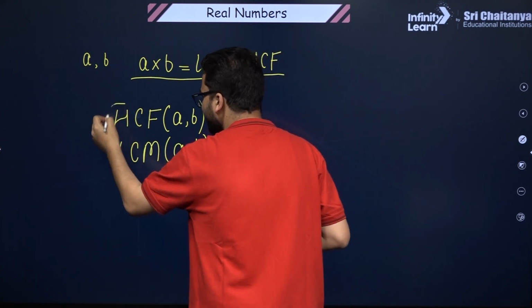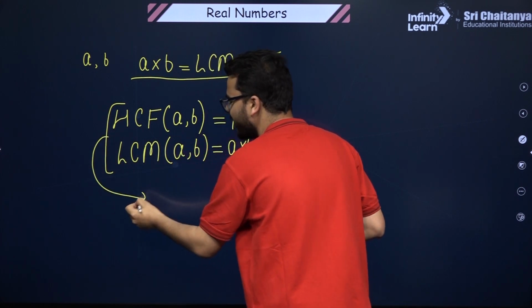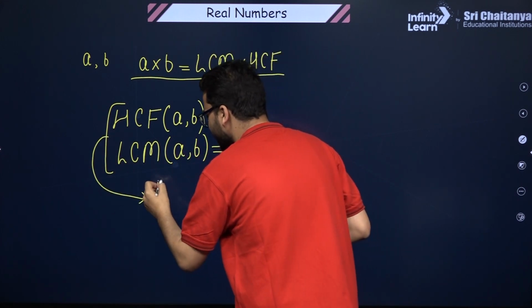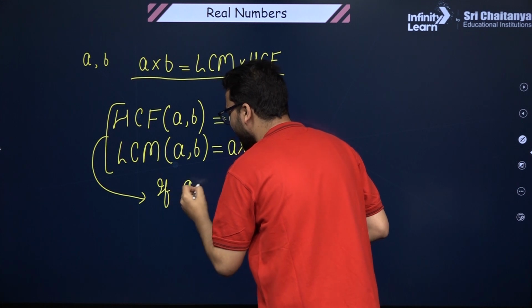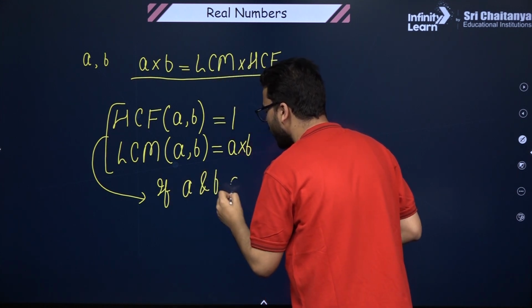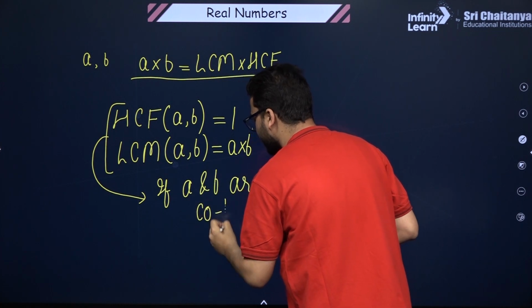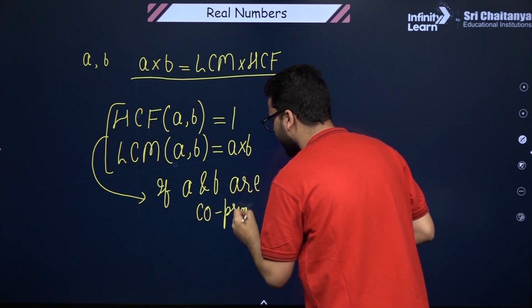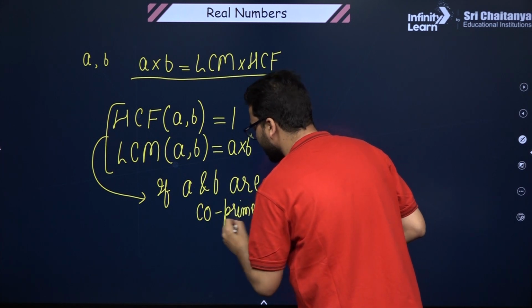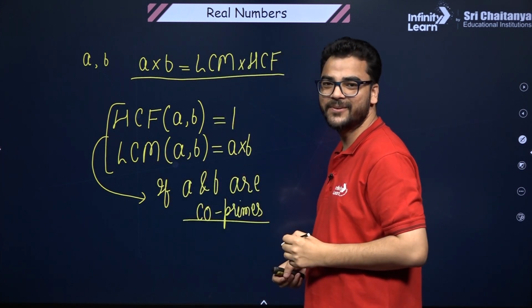If this happens, if a and b are co-prime numbers. Okay, I hope this is clear to you.